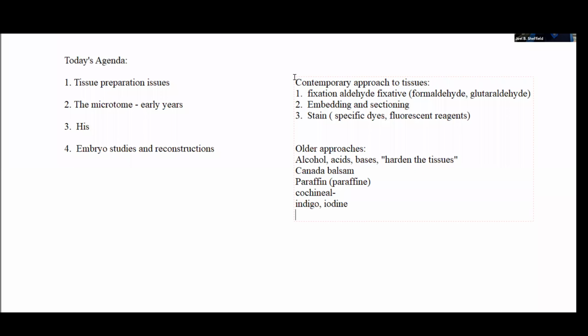Then, towards the end of the 19th century, there was this explosion in dye synthesis. And so artificially constructed chemical dyes were then starting to be applied to tissues to see whether they brought up individual components.